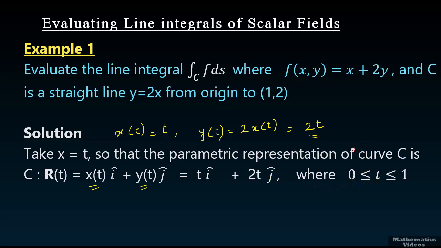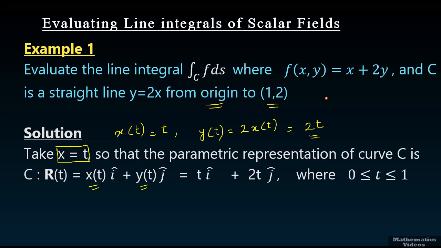Note that we have set x equal to t, so the variation of x in the given curve gives the variation of the parameter t. The given curve is a straight line which starts from the origin and ends at the point (1, 2).